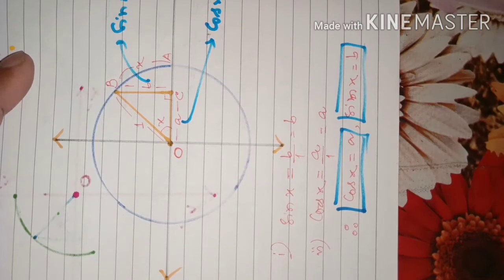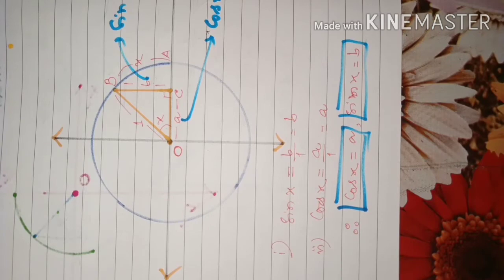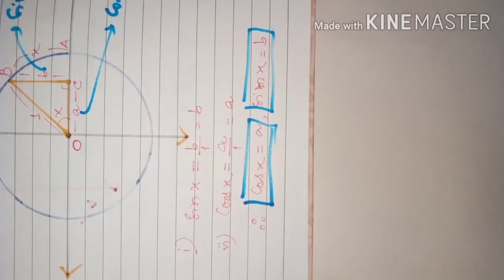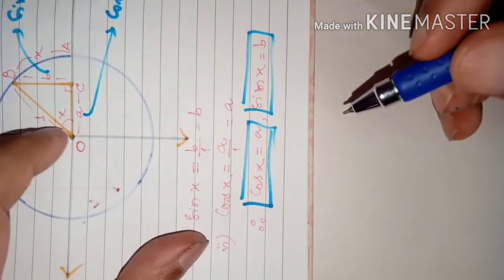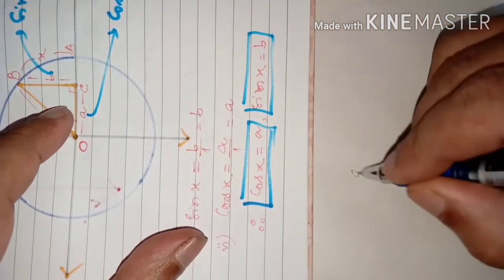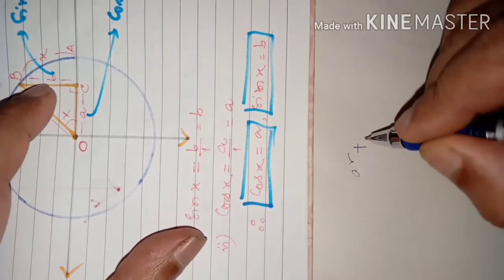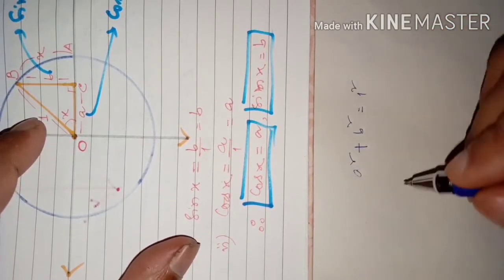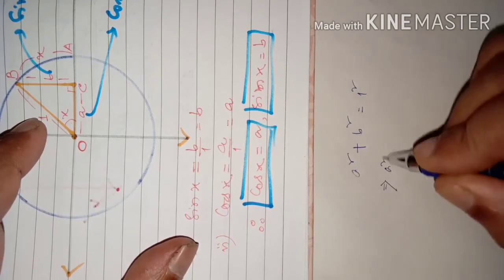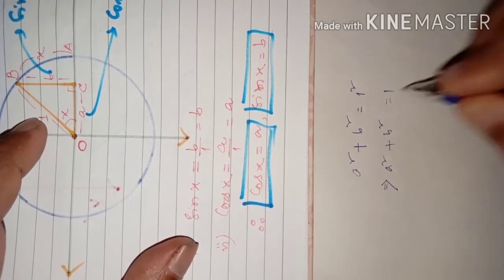A is cos and B is sin. Since this angle is 90 degrees, we can write here, dear students, A square plus B square is equal to 1 square, which means 1, by Pythagoras theorem.